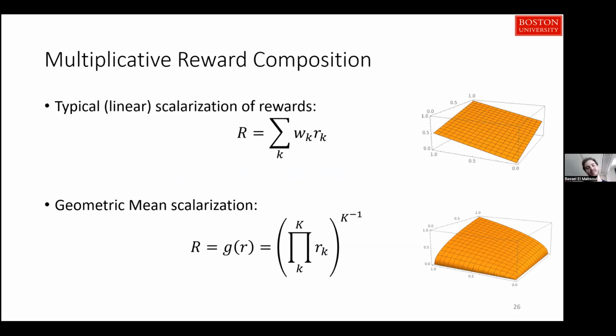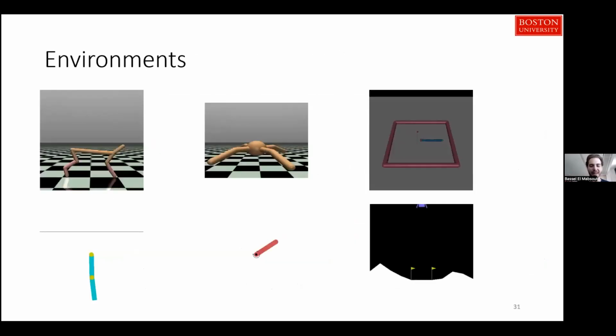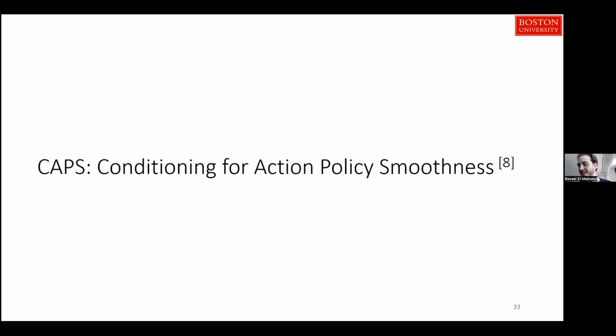The really nice thing is, if you work with the generalized mean, you can have an infinite space of these types of composition operators that can mean all of the range between the and the or operator. You can smoothly move between the and the or operator depending on how leaky you want it to be, which might make it easier for the reinforcement learning algorithm to find policies. It's not something I will get into the details of just because I don't have the time, but I think it would be interesting for you in this case.